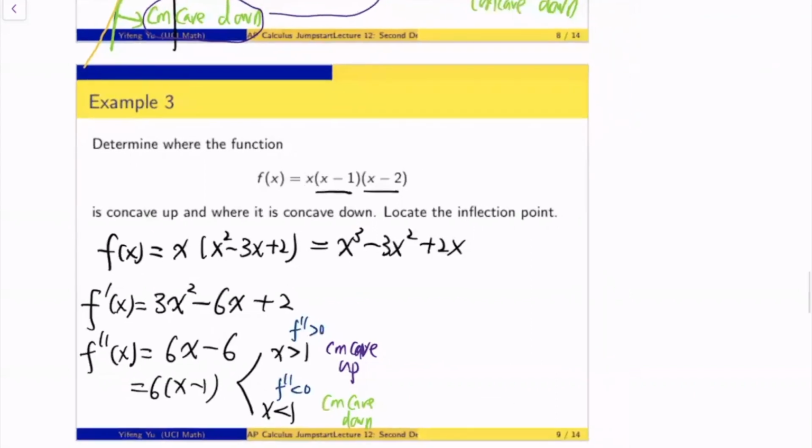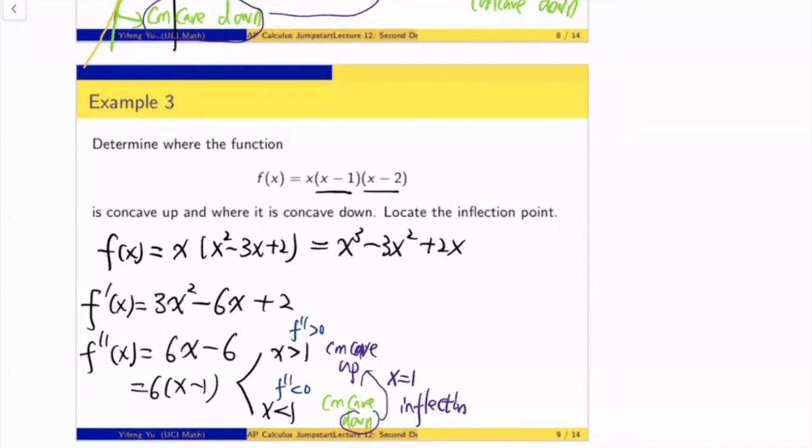Obviously x equals 1 is the inflection point, because the function changes from concave down to concave up.